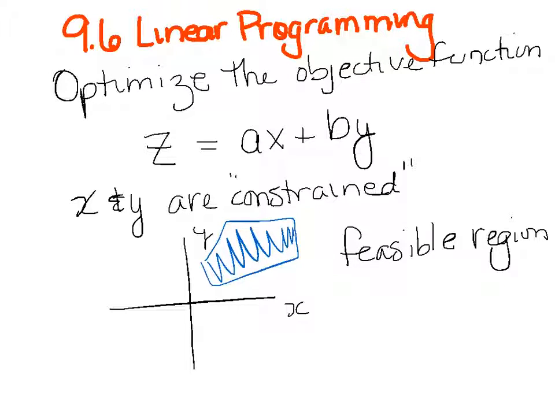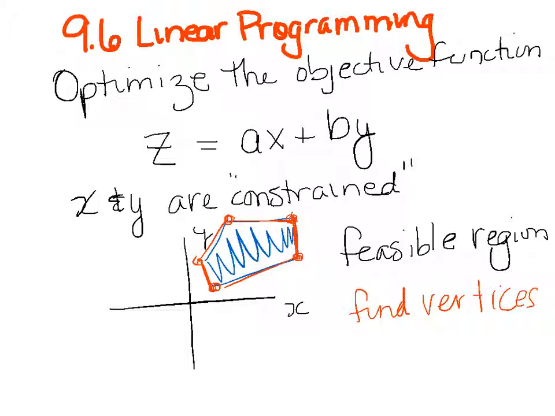What we need to do is find the vertices of this feasible region, everywhere there's a corner. So this blue line meets the other line here, meets this line here, meets this line here, and so on. And so you find these vertices.